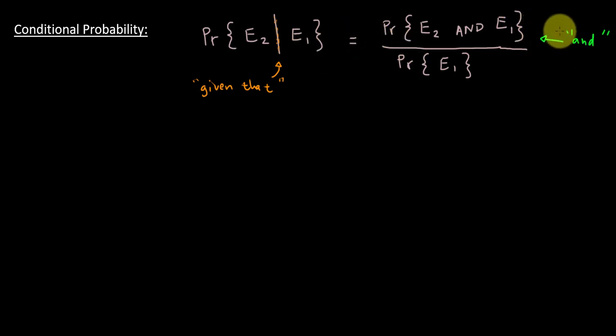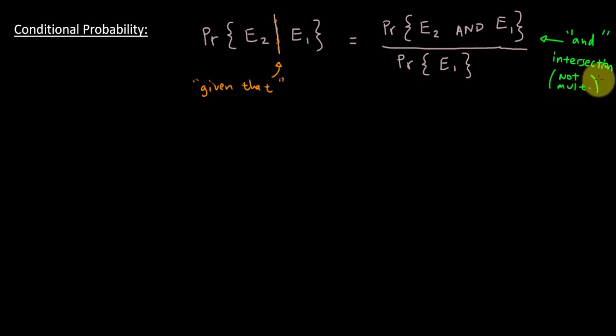So here the word "and" is referring to the intersection, not to the multiplication rule for independent events. Events that are independent, you have to be very careful. That would have to be explicitly defined or known based on some sort of expertise. So this is likely not multiplication, most likely.